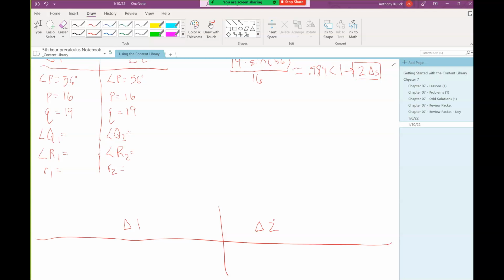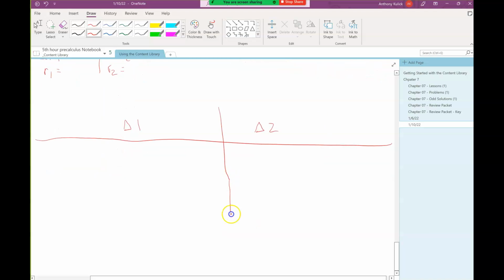One of the common mistakes I see students making on these problems is they get confused about what information belongs with what triangle, and they use the wrong stuff in the wrong places. So I'm going to try to be really careful about the way I'm organizing my work, so I don't accidentally use a triangle 1 piece of information in triangle 2.